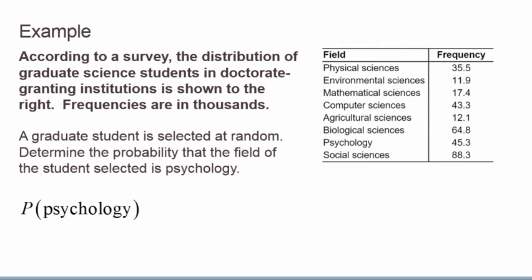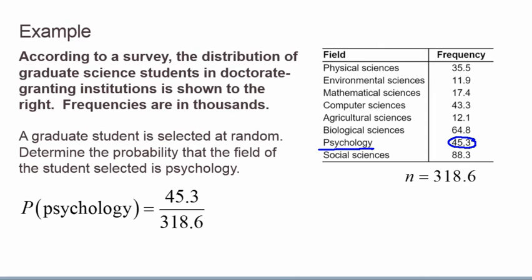Once we add those up, N is 318.6. Psychology has a frequency of 45.3. So our setup is 45.3 divided by 318.6. That gives us a result of 0.142. So the probability the student selected is psychology is 0.142.